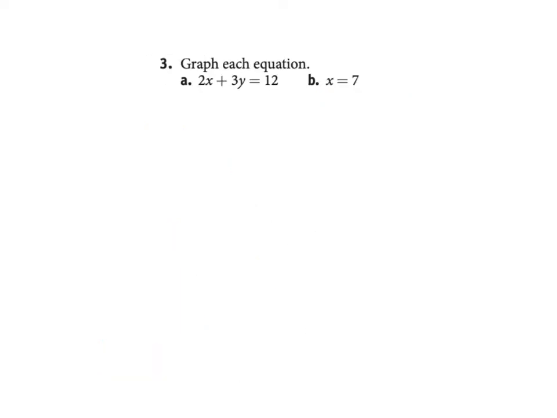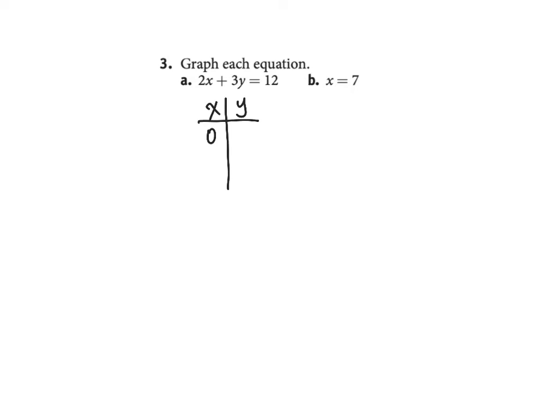Number 3, graph each equation. I want you to draw the graph in your notebook. So for the first one, the easiest way is to make a little chart. Let's say x and y. When x is 0, what should the y value be?